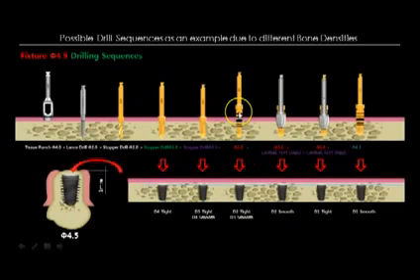Now, if you're in D2 bone, again, my recommendation would honestly be to drill it out to the 3.8 and use your cortical bone drill, just like we showed in the video. Again, you don't want to get the implant stuck. You want to try to stay conservative with this system, but at the same time, really pay attention to the type of bone that you're in, and only you can judge that.